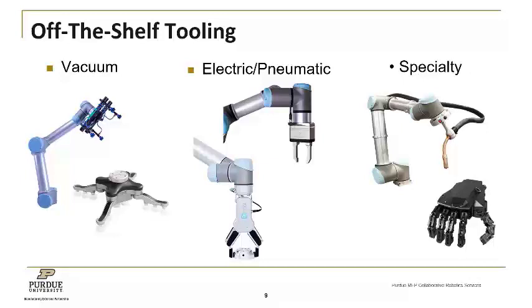And they have a platform on their website called UR Plus that you can go to and see all the different off-the-shelf tooling that you can purchase to put at the end of their cobots. And there are several other cobot manufacturers that have a similar listing on their website of different off-the-shelf tools you can use. The reason this is important is because it makes it even easier for your company to deploy a cobot, so you can just buy the gripper off the shelf without having to custom design it.